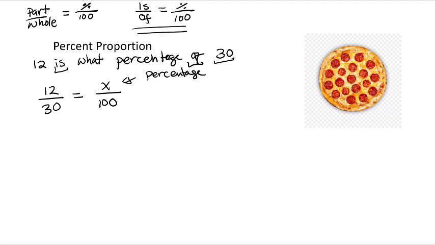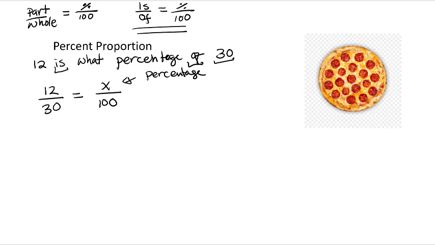Okay, so how do we solve this? Well, remember when we're comparing two fractions, what we like to do is to have a common denominator. In order to have a common denominator, we can either use cross multiplication as a shortcut, or we can just go slowly and really get a common denominator by multiplying and dividing both fractions by the denominator of the other one.